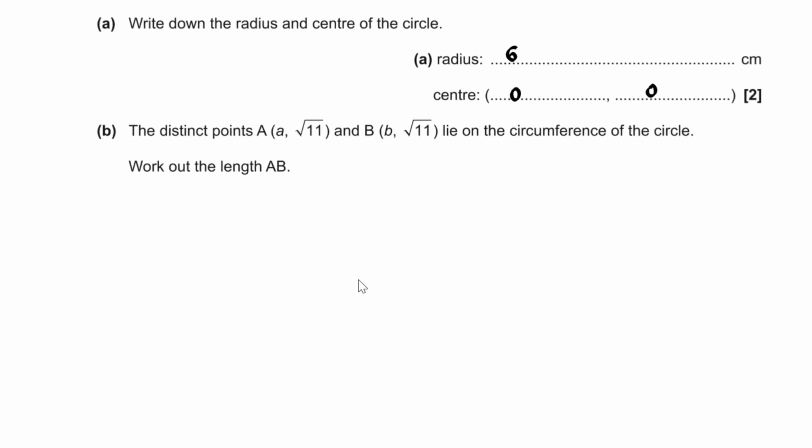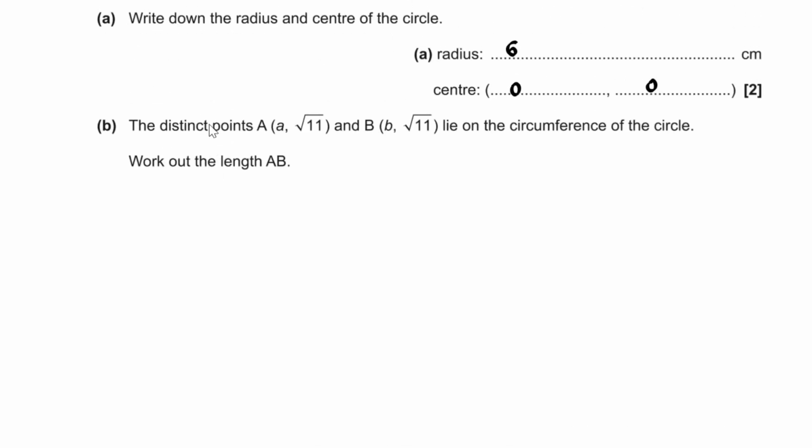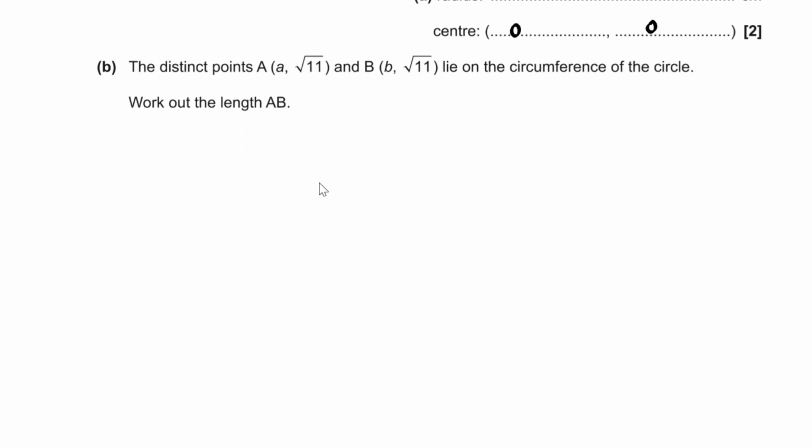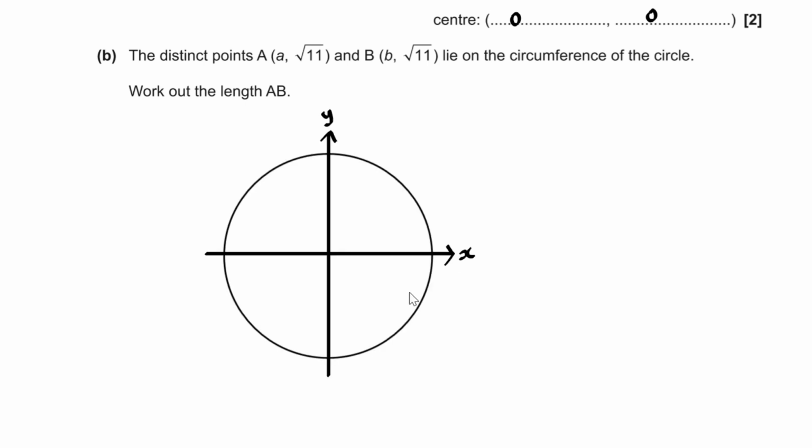And then for part B, we have the distinct points A with coordinates A, root 11 and B with coordinates B, root 11, which lie on the circumference, and we have to work out the length of AB. Well, what we'll do to begin with is draw a circle. So over here we've got our circle, and then we've got the points A and B. Now the y coordinate is the same at root 11.